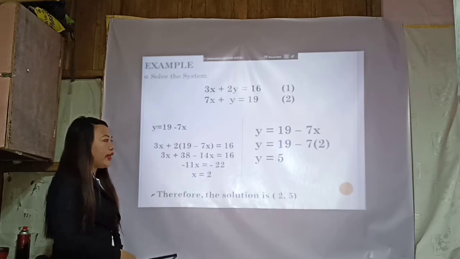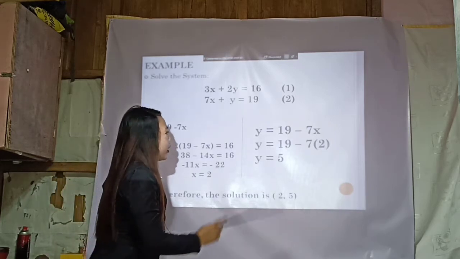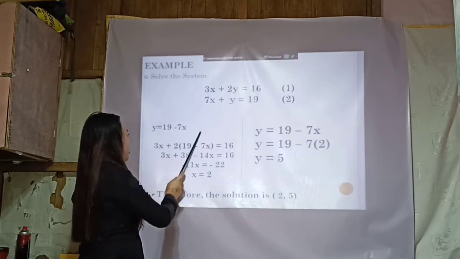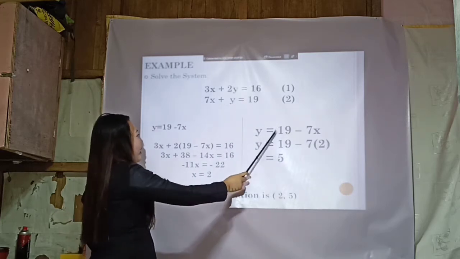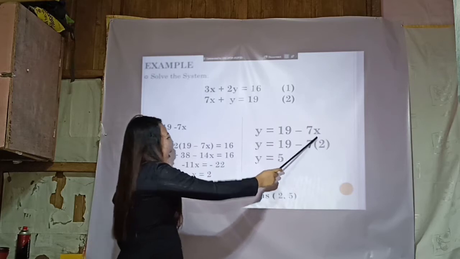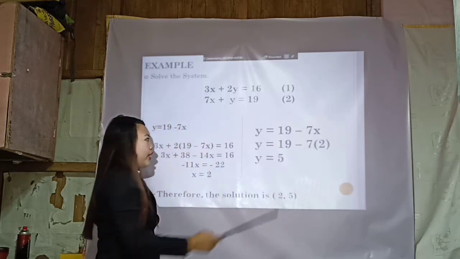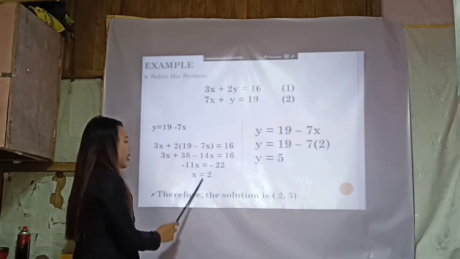Now, let's find the value of y. So, let's use the expression for y, which is renamed as the third equation. So, y is equal to 19 minus 7x. Just substitute the value of x, which is 2.